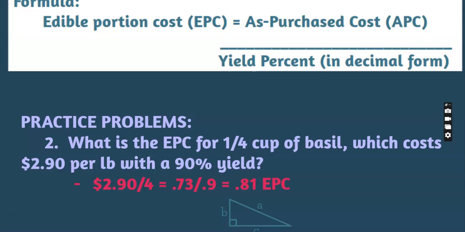You're going to divide that by 0.9 because it's a 90% yield. You're going to get 0.805555, and you round that up to 81 cents for your edible portion cost.